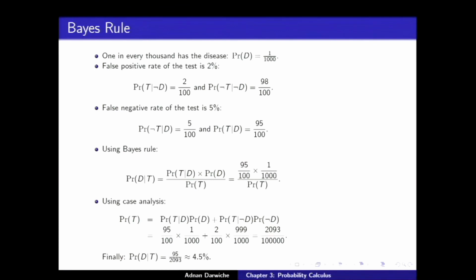Some of you may be surprised by this number. It looks too low, and it's too low. You think it's too low? Surprised? Okay. Wait till we do sensitivity analysis. Sensitivity analysis, you say, wait a minute, I'm not paying for this test. If someone is testing positive and it's 4.5%, I don't want to pay for this test. And this says, okay, I can sell you a better test, right?